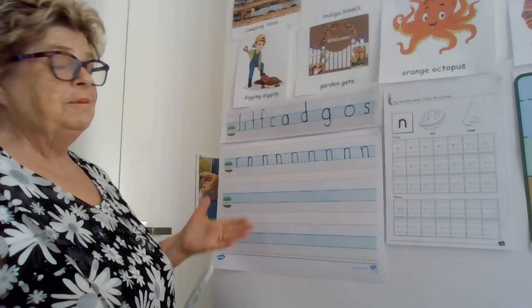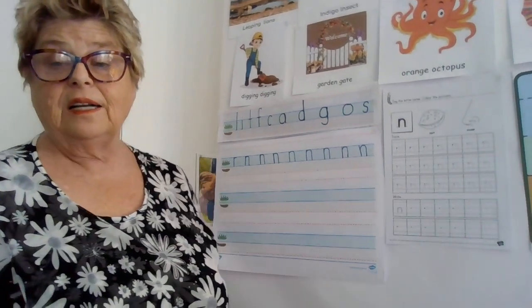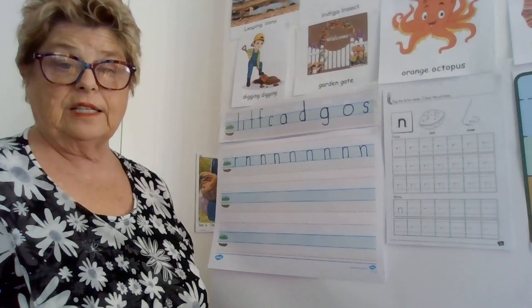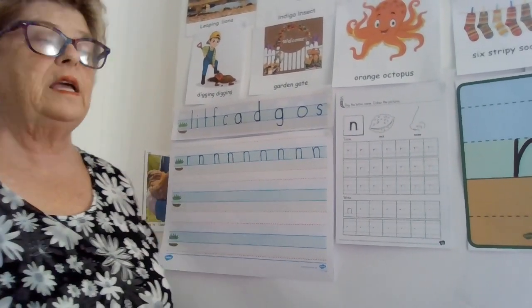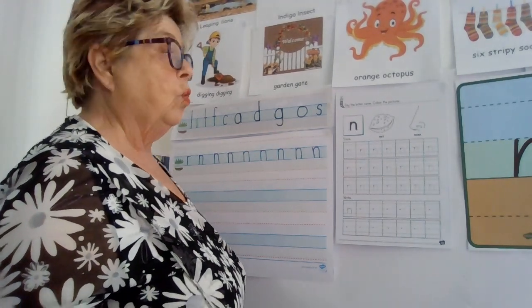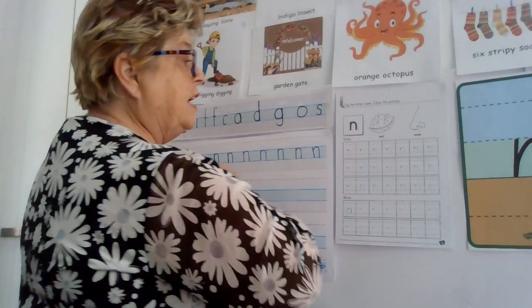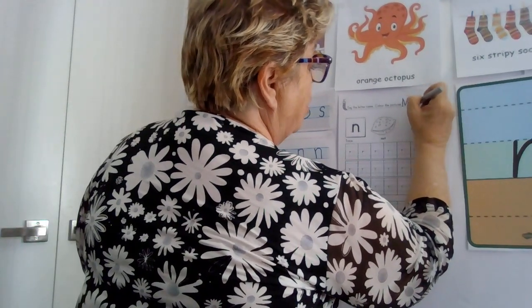Then, if you have this worksheet or a worksheet similar, we'll move on to that. So what do we do when we get a worksheet? We put our name at the top. When you get a worksheet, put your name at the top. So I'll put my name at the top so it doesn't get lost.